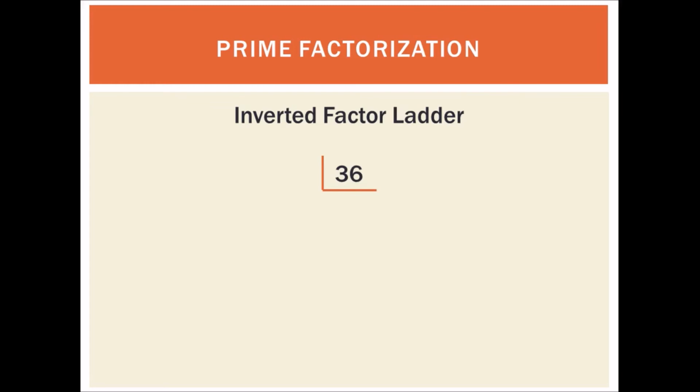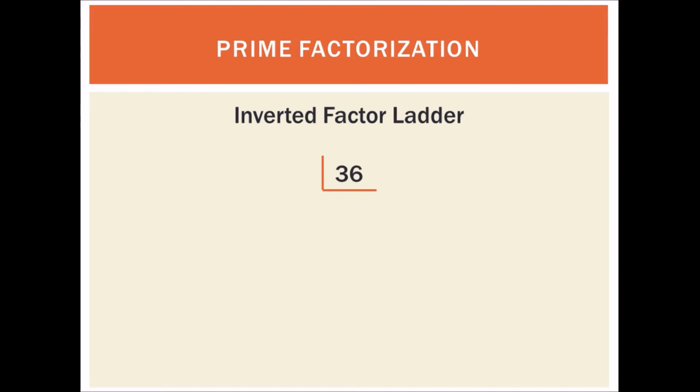You want to make sure you have a prime number out here that goes into 36. As we mentioned about prime numbers, you want to start with the number 2 because 1 is not a prime number, nor is it a composite number.